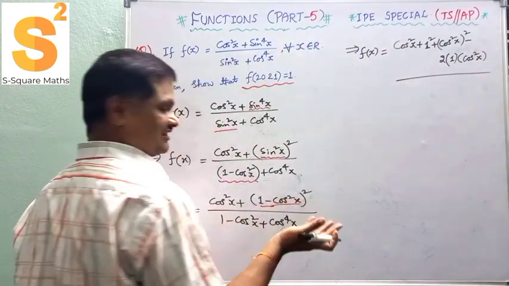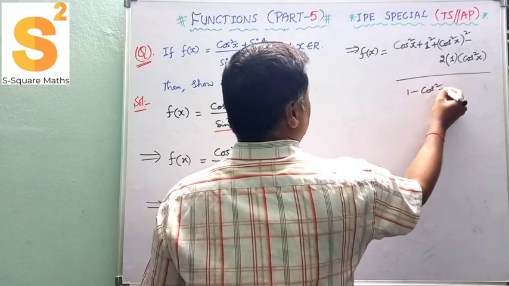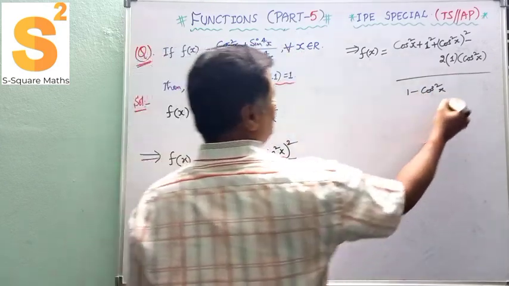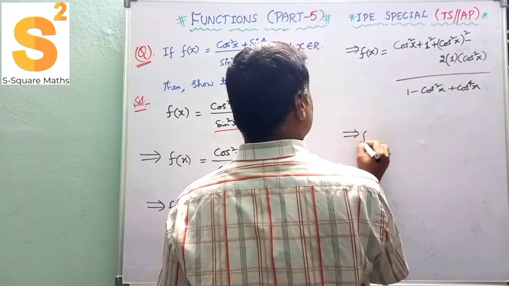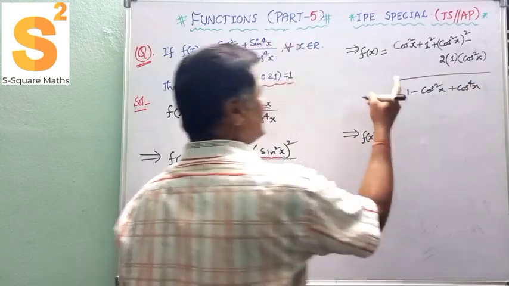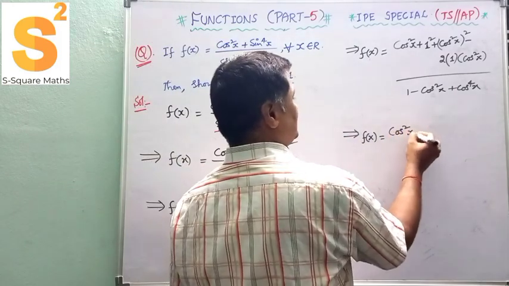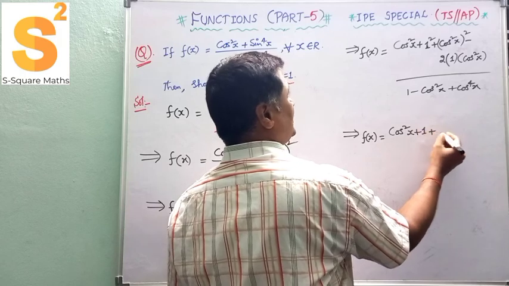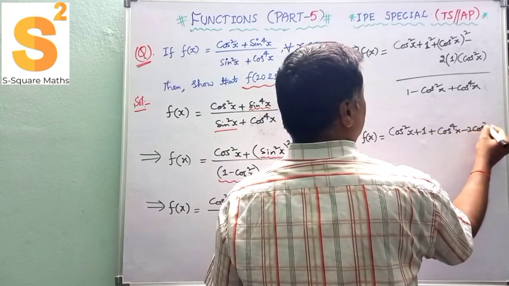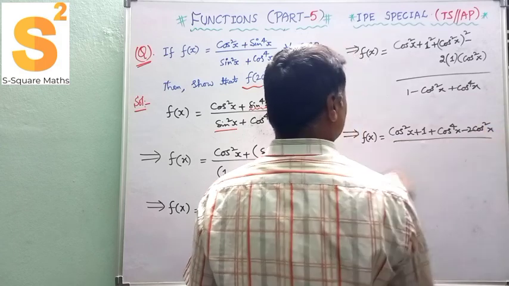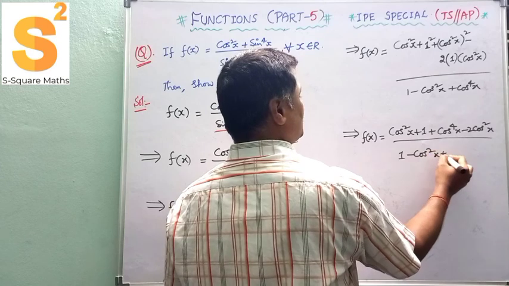So we get 1 minus 2 cos square x plus cos power 4x, by the same denominator, 1 minus cos square x plus cos power 4x. Simplifying, f of x is cos square x plus 1 plus cos power 4x minus 2 cos square x, by the same denominator.